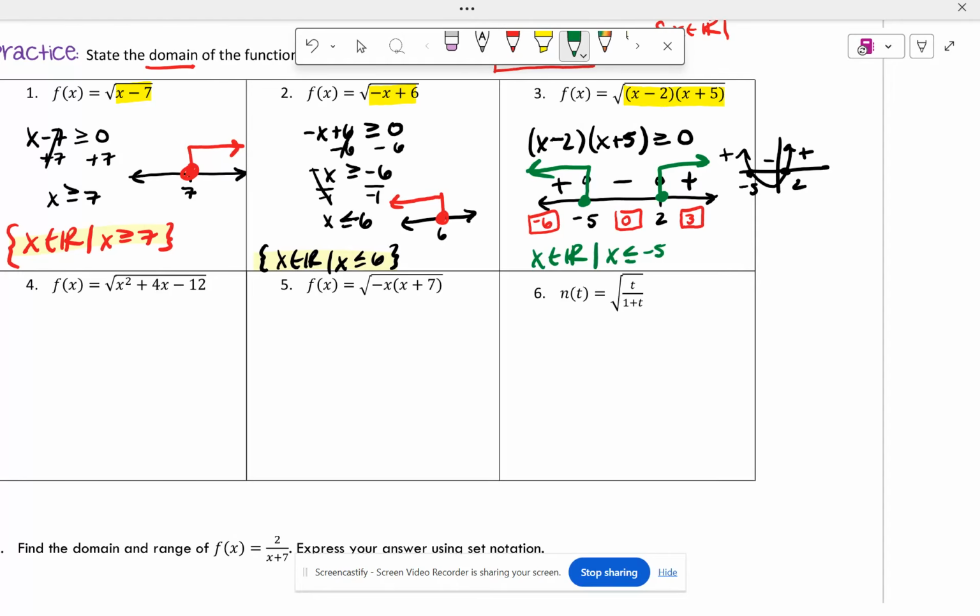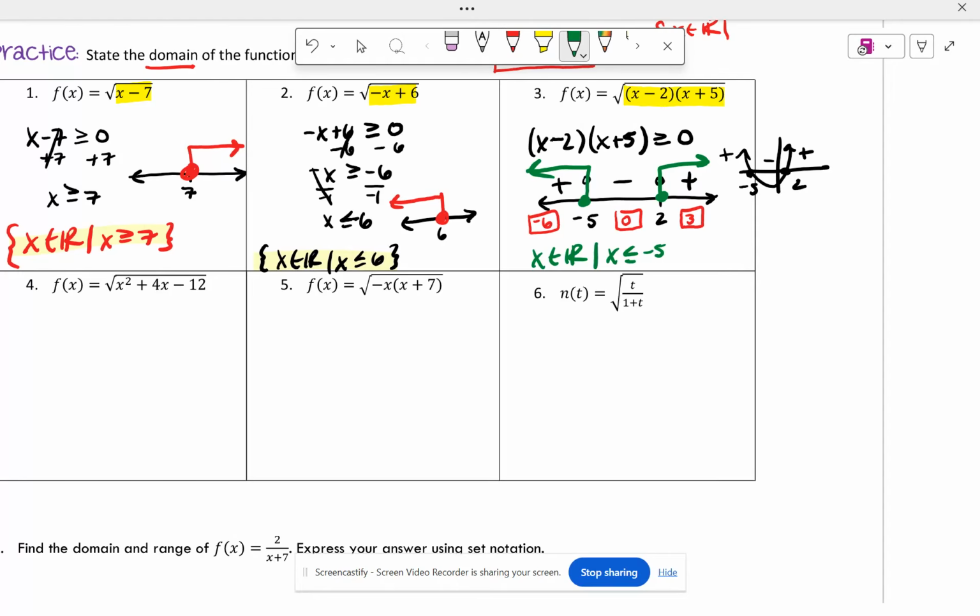This one's a little harder to envision. It has a negative out front, so it would be facing downward. But if that's not obvious, you could just test values along the number line. I'm going to do negative 8, negative 1, and 2. If I plug negative 8 into the factored form, I get a positive 8 times a negative number, which gives a negative.